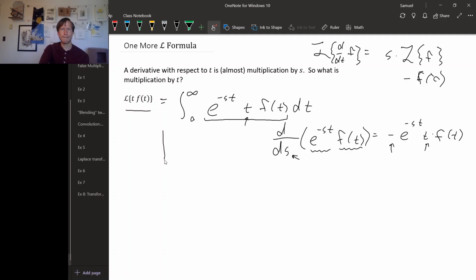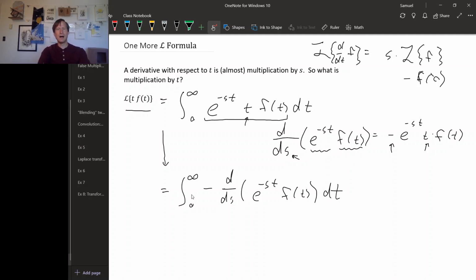So we can rewrite this as the integral from 0 to infinity of the negative of the derivative with respect to s of e to the minus st f of t dt. All right. Well, we have this derivative in this integral.